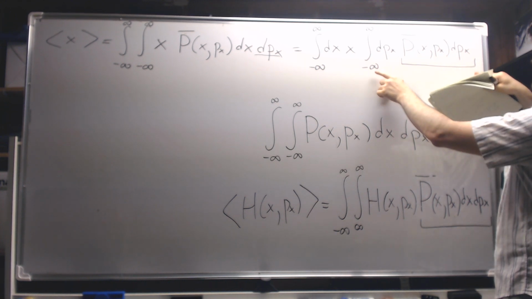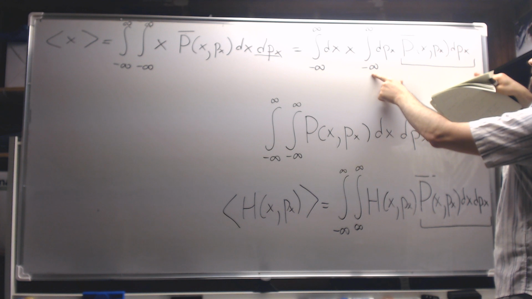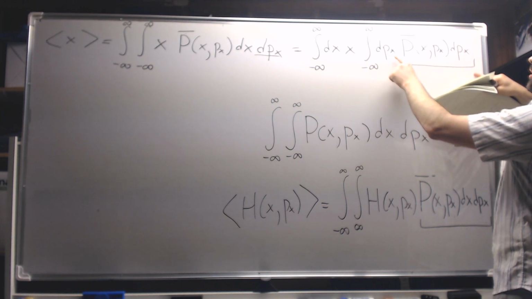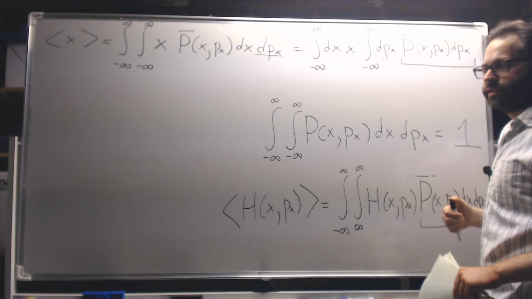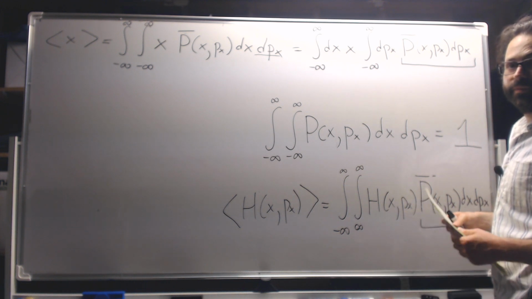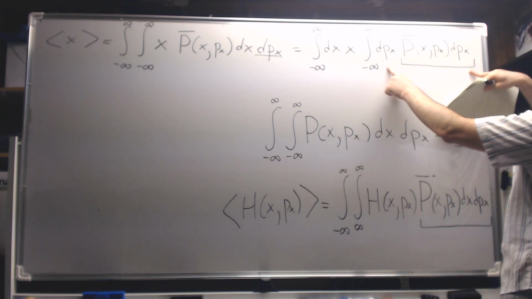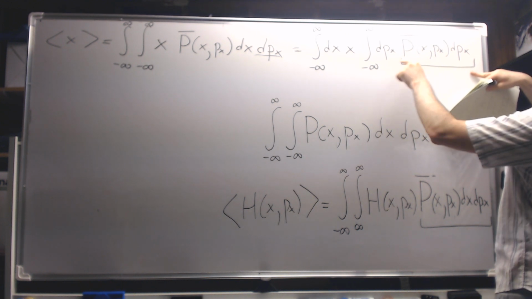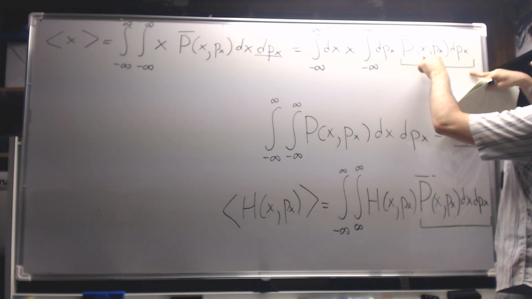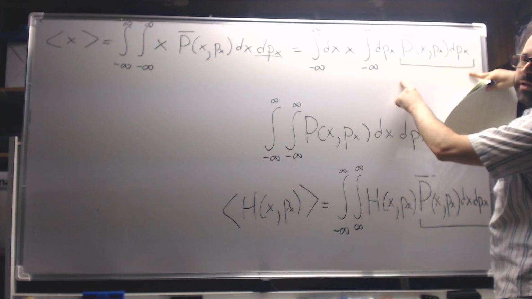What do we expect from here? We expect that when we integrate over all dpx, the probability that the particle has some momentum px independent of x should be normalized. And so when we integrate over this probability, what we should end up with is the probability that the particle has some position x regardless of what momentum it has.